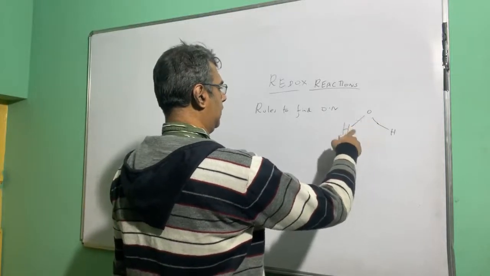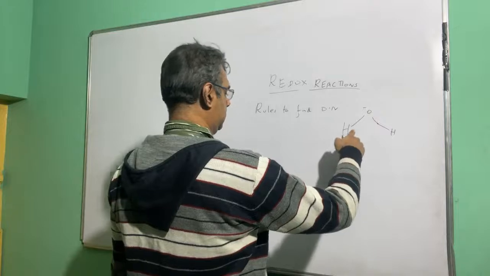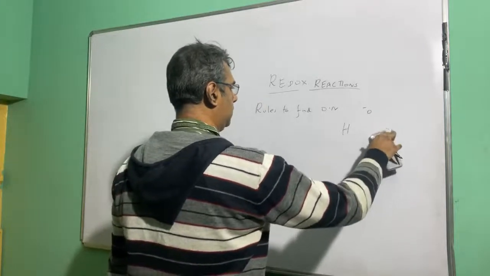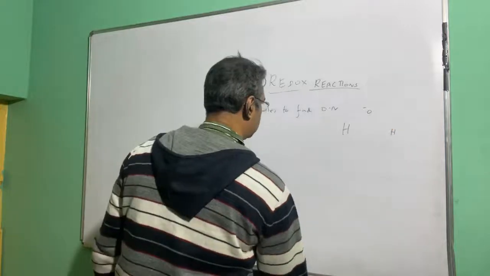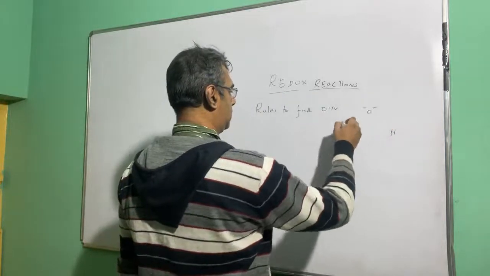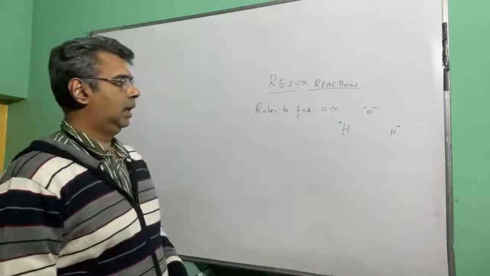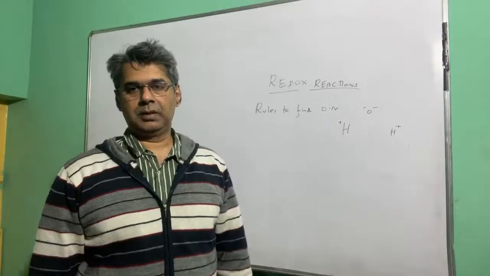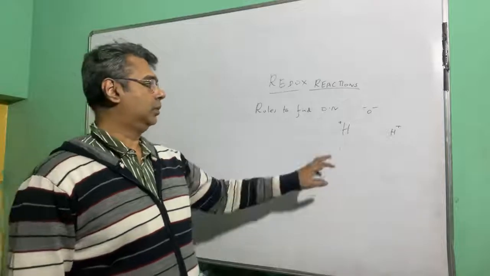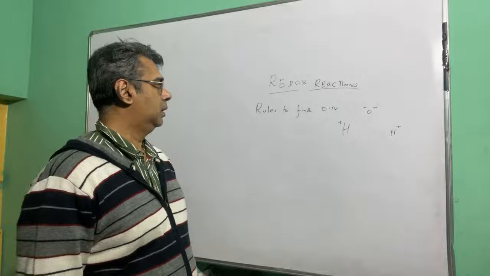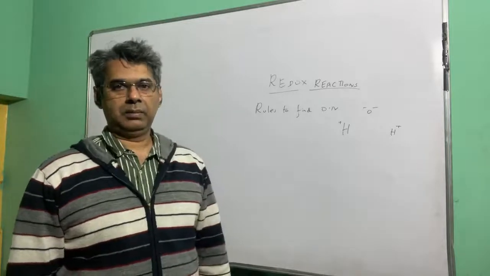In this covalent bond, the electrons will entirely go to oxygen, and in this covalent bond also the electrons will entirely go to oxygen. So each hydrogen will become plus 1 and the oxygen will become 2 minus. This is the concept of oxidation number.